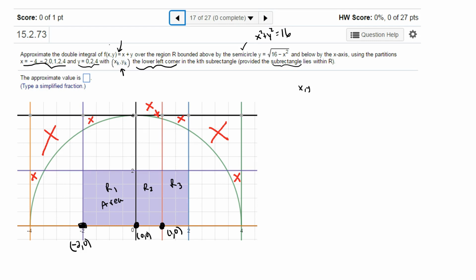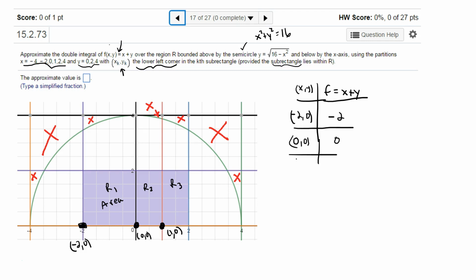So we have our points of evaluation, and we plug them in. -2, 0, get plugged into the function, which is just adding these two together, x plus y. And so we get a -2, we get a 0, and then we get a 1. That's the function height.